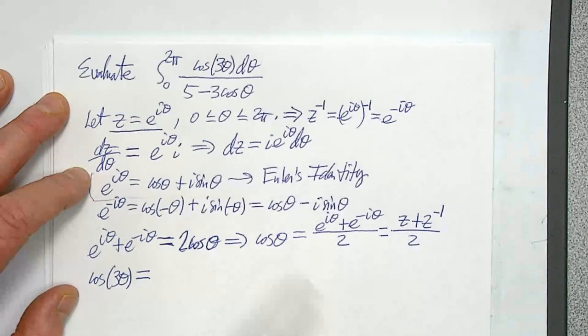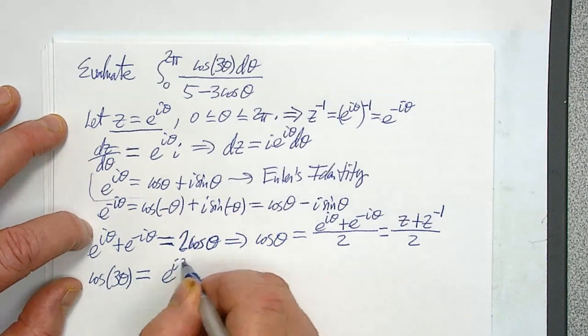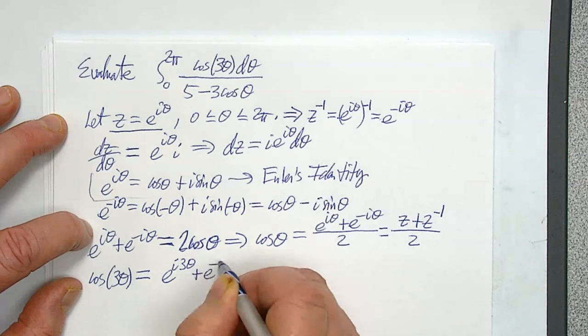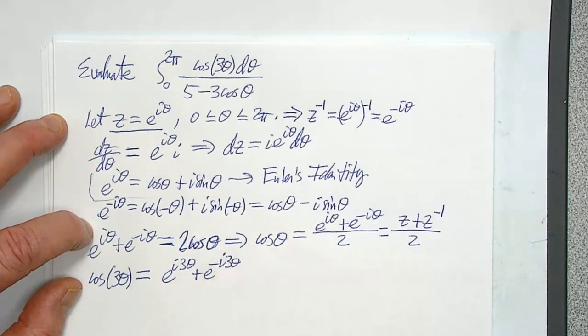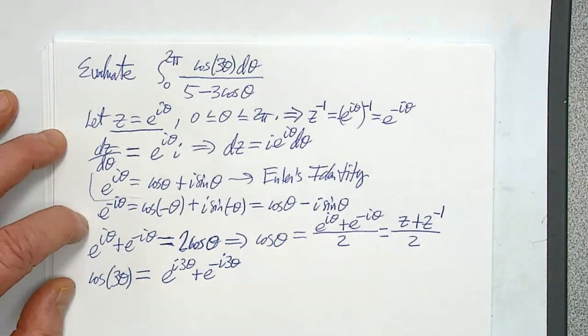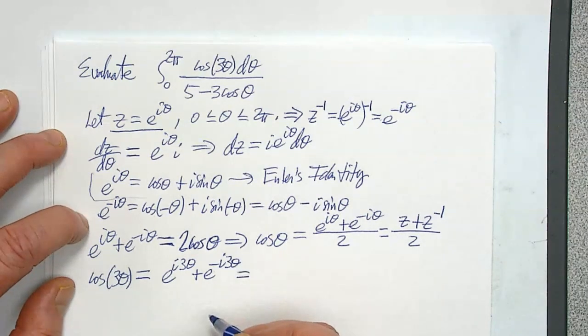Now here, for cosine 3 theta, we can put 3 theta in for theta. We'll have e to the i times 3 theta plus e to the minus i 3 theta. And, oh yeah, we forgot the over 2 part.